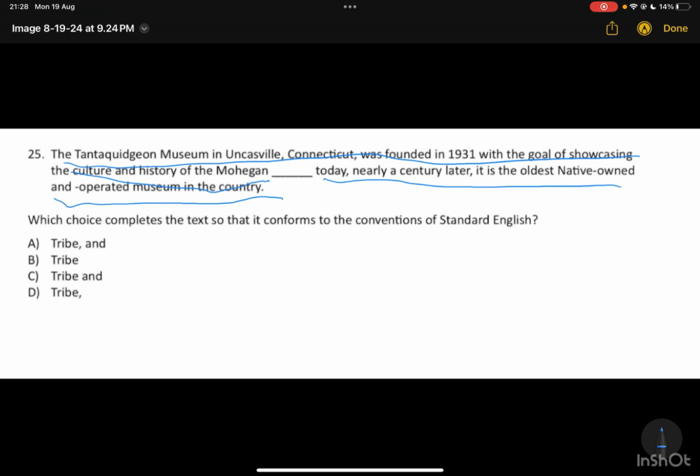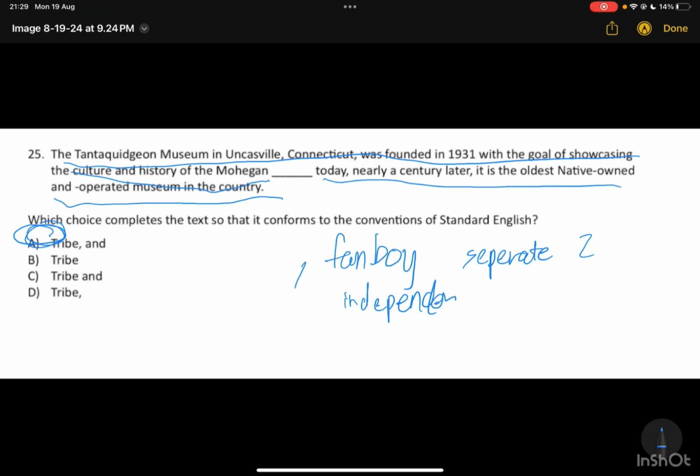So remember, the only way we can separate them, but not the only way, in this question only A could support this, because a comma and a FANBOYS conjunction will separate two independent clauses. So we wouldn't have to think of these other answers. The final answer is A.